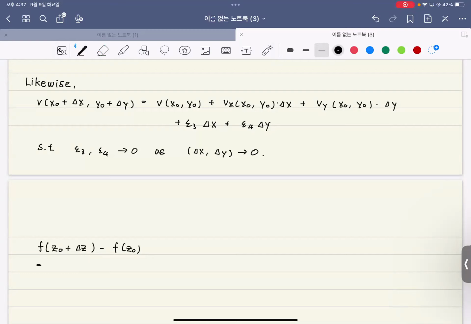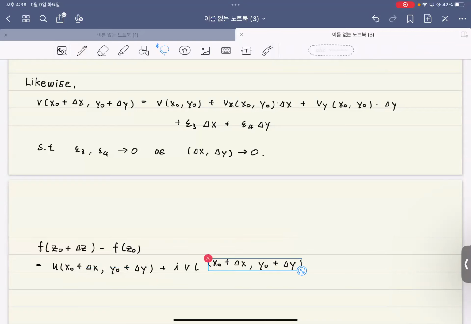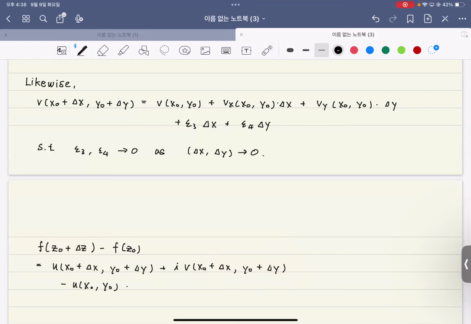This is u(x0 + delta x, y0 + delta y) plus I times v of the same point, minus u(x0, y0) minus I times v(x0, y0).